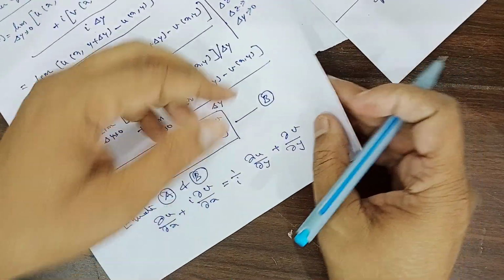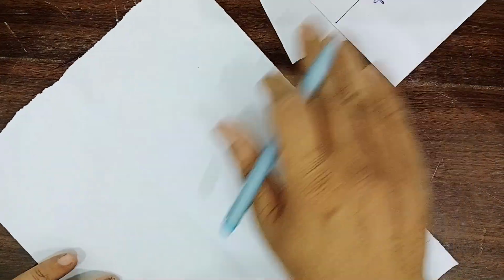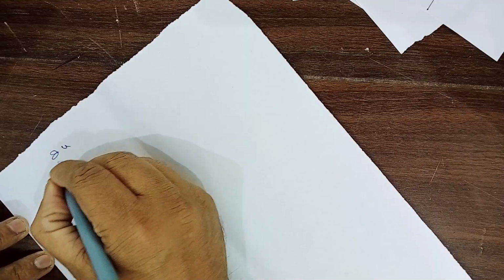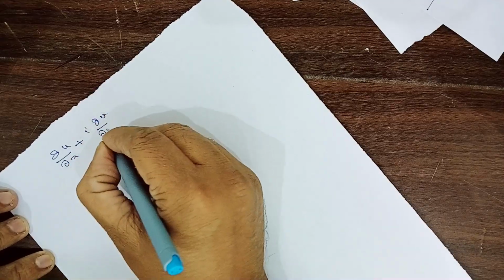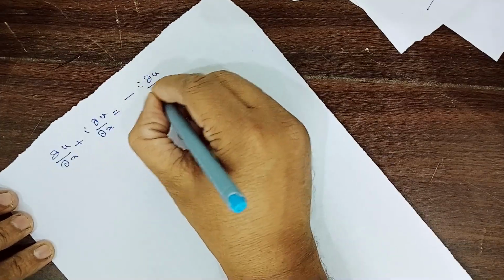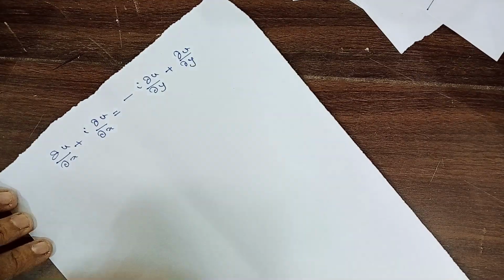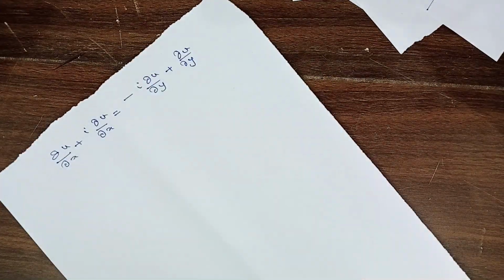Here 1 by i is written as minus i. Therefore, minus i dou u by dou y plus dou v by dou y.